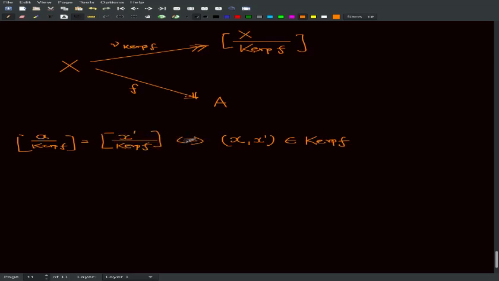This is if and only if it is this. This means that fx is equal to fx prime. So what do I do? I define this function.